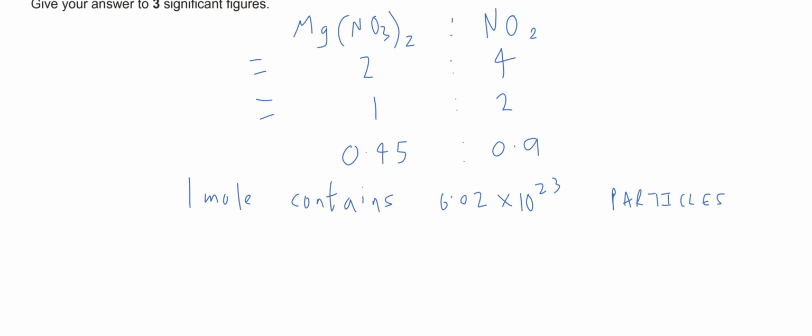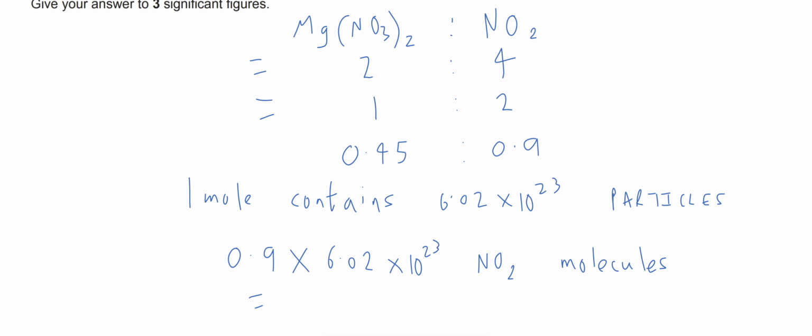In this case, it's molecules. So if 1 mole would contain 6.02 times 10 to the 23 molecules, then 0.9 moles would contain 0.9 multiplied by 6.02 times 10 to the 23 NO2 molecules.